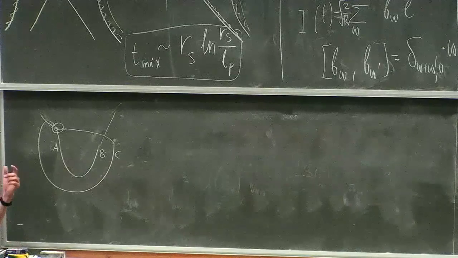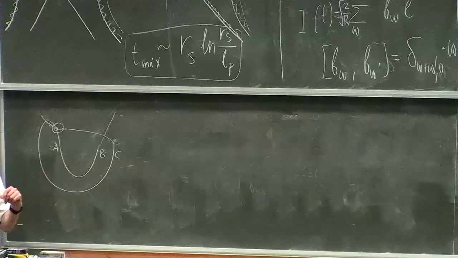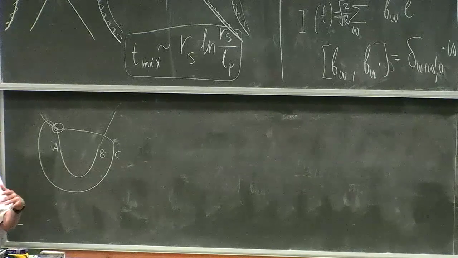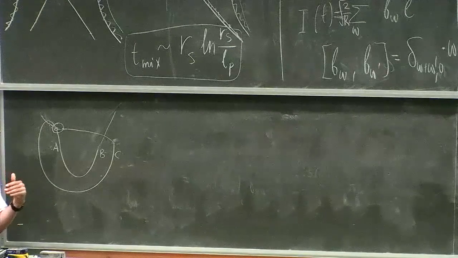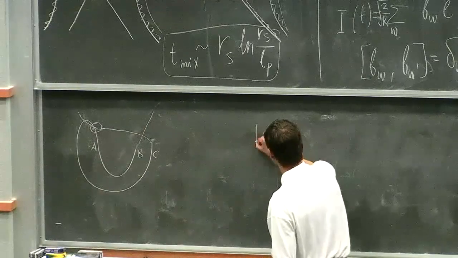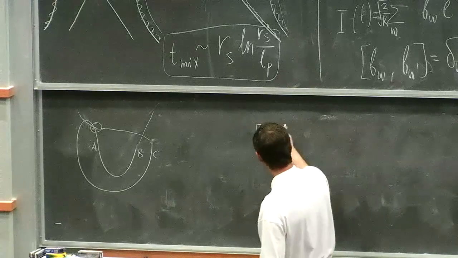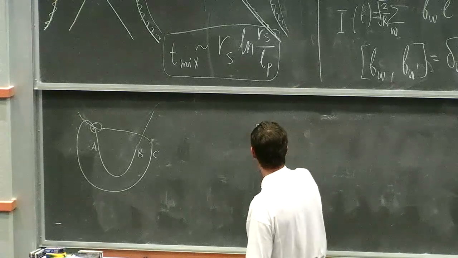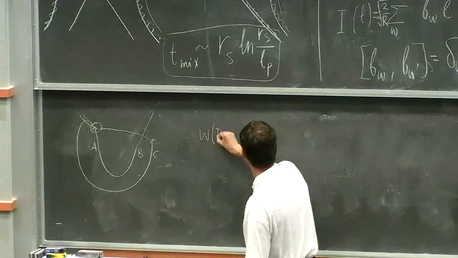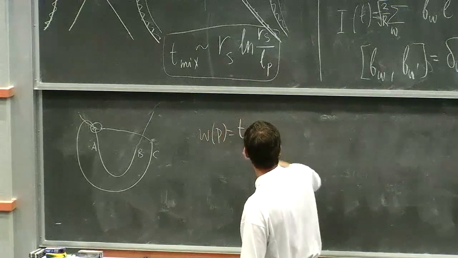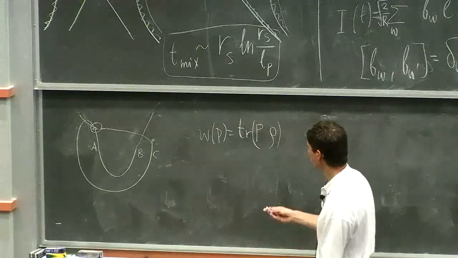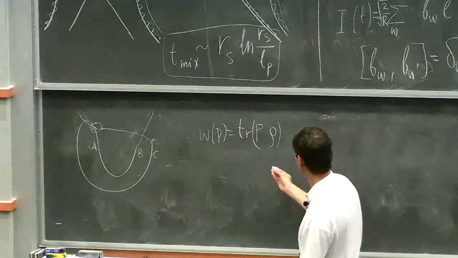So we can define some rules of probability for post-selected quantum mechanics. This won't be a probability, because usually when we have a projector P or an operator X, then the probability W of P is equal to trace P times rho. In the post-selected quantum mechanics, it will be more complicated.